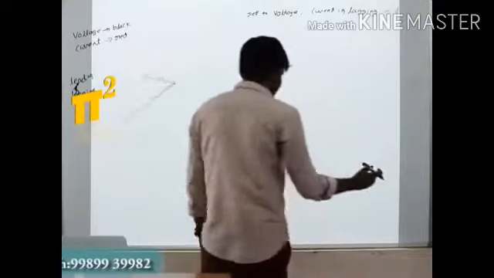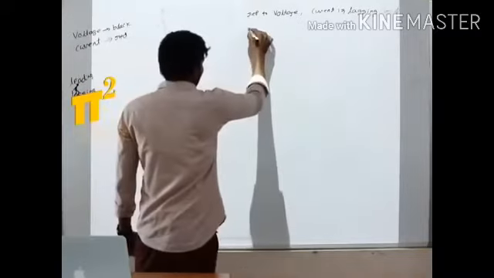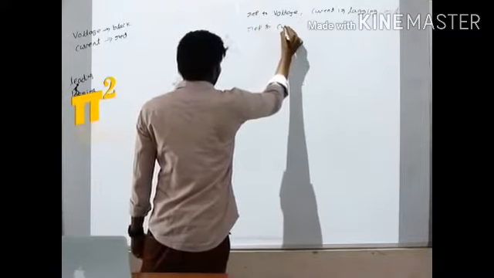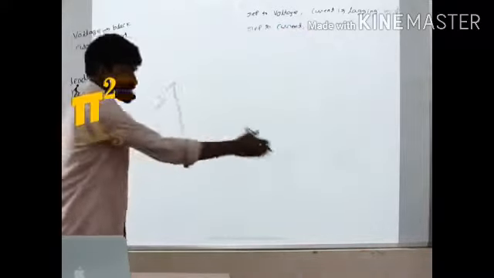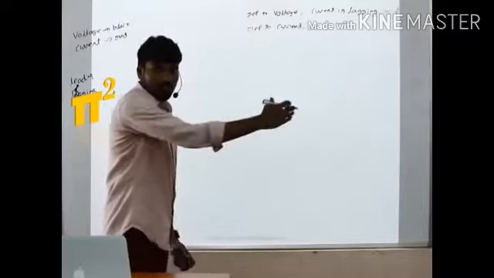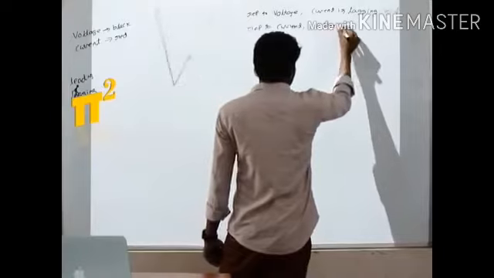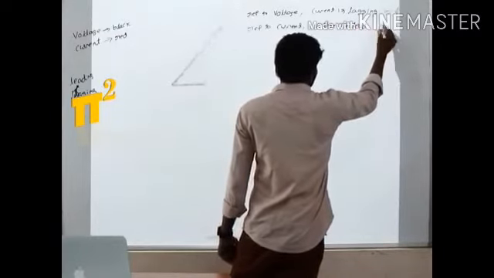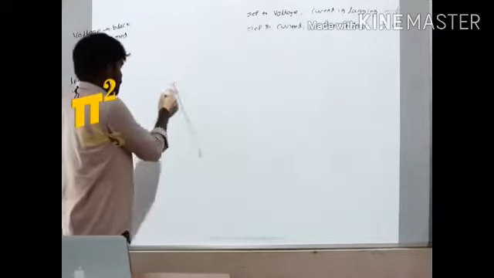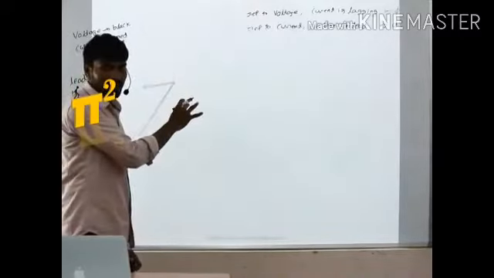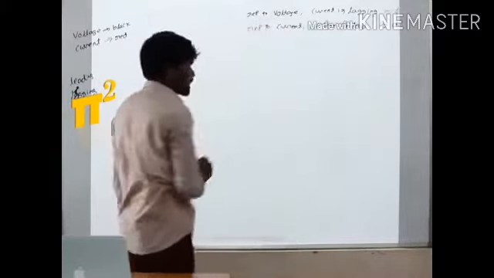But if I consider the red one as the reference, that is current as the reference, voltage is leading, voltage is going ahead, so voltage is leading by the same phi. So same phasors, but the statement gets changed with respect to the reference vector.